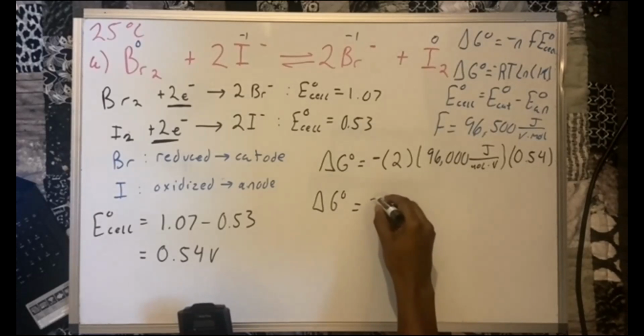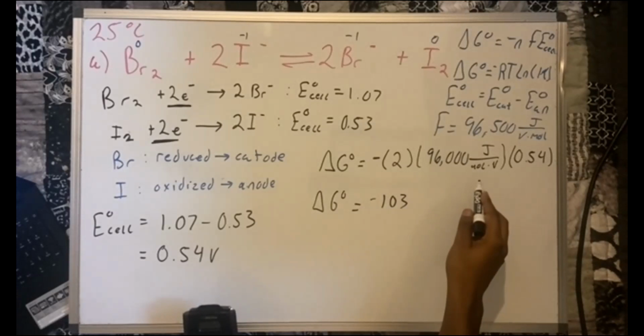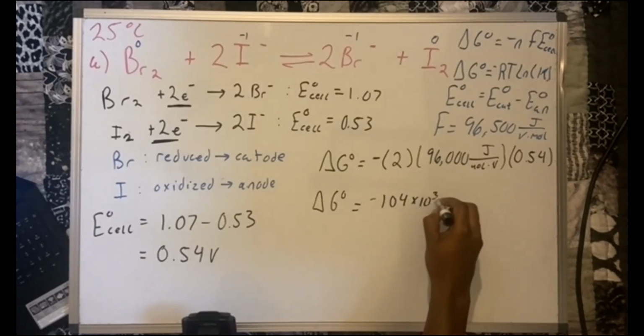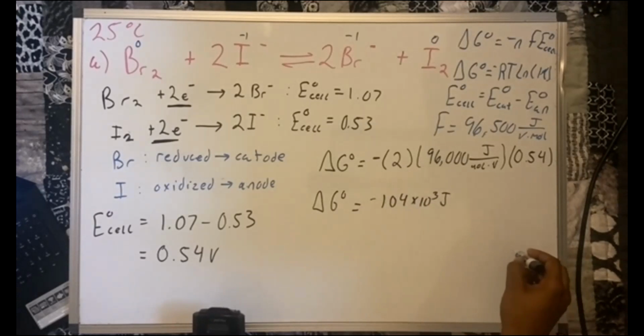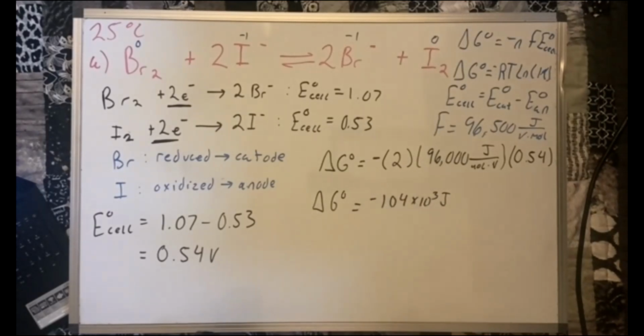I got -103.36, I'm just going to keep it fixed. So 4 times 10 to the third joules. I'm just going to leave it in joules. Okay. Still good here? Yes.